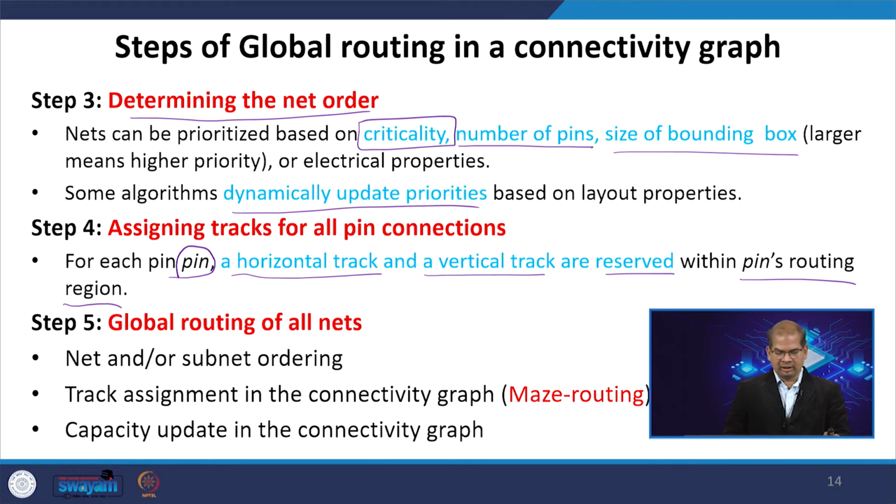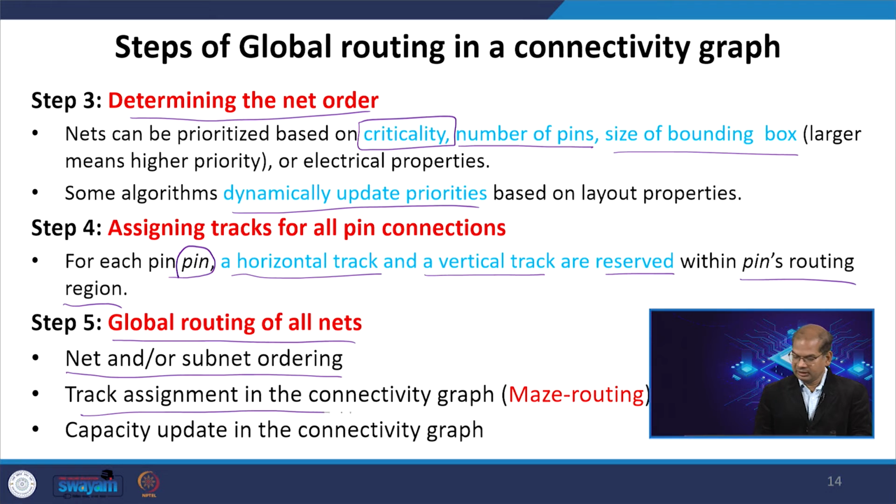This is called assigning the tracks to the pin. Then we have global routing of all the nets. Each net has subnets, so we do net and subnet ordering, the order in which they can be routed. Then we do track assignment in the connectivity graph, using an algorithm called mesh routing, and then we update the capacity in the connectivity graph.